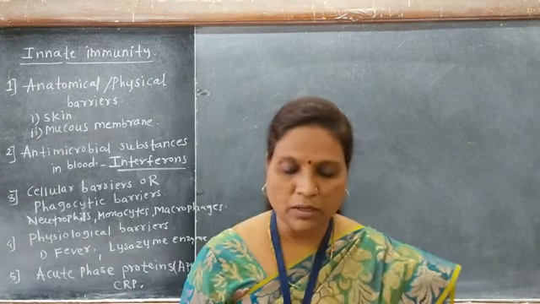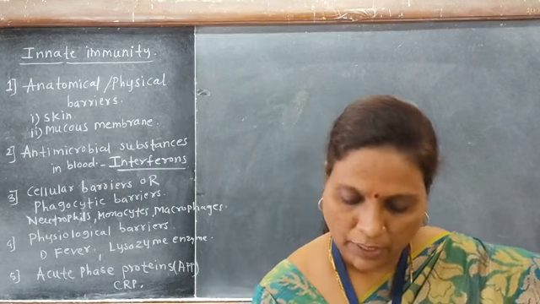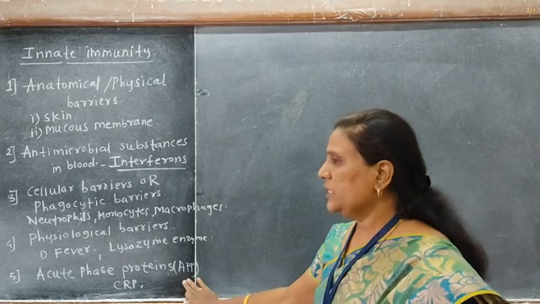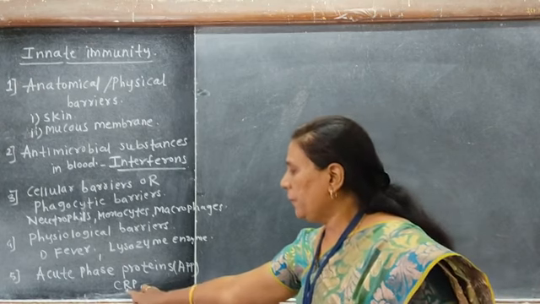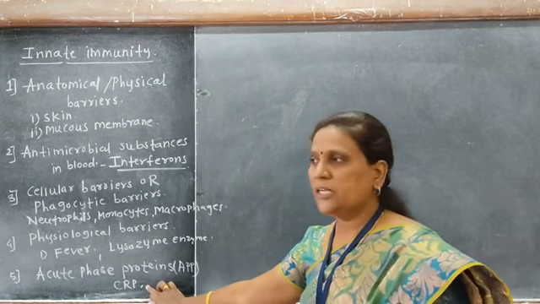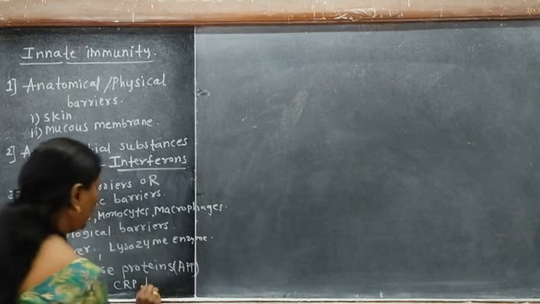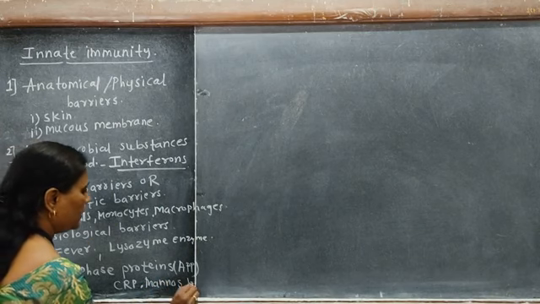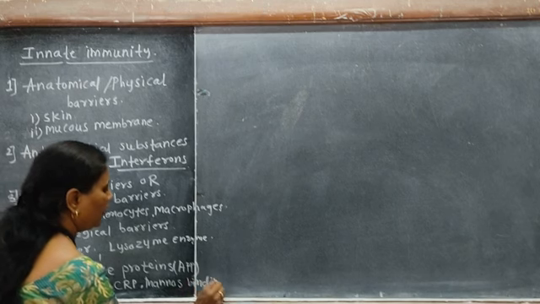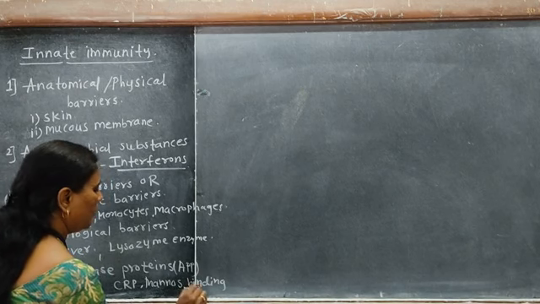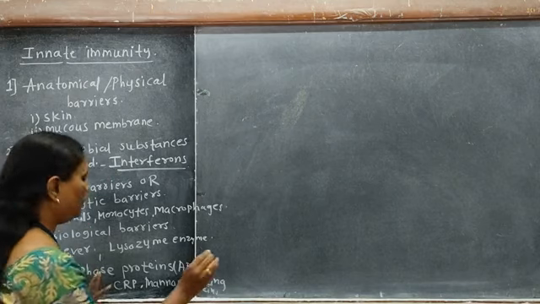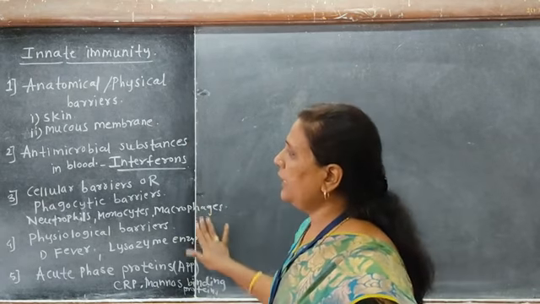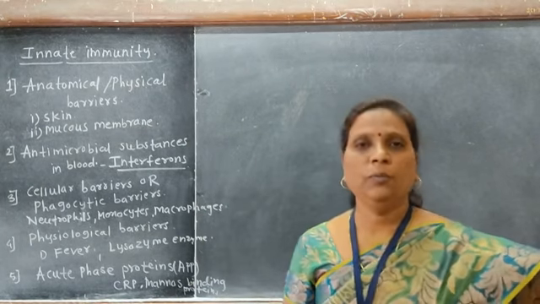Mainly these are CRP, that is the C-reactive protein, and mannose binding proteins, etc. So it is about the acute phase proteins. So these are the various barriers in the innate immunity.